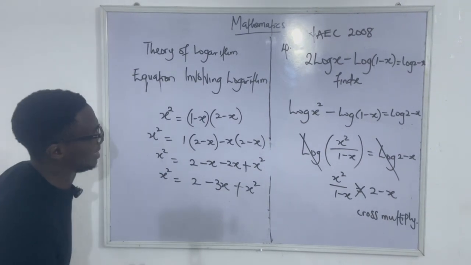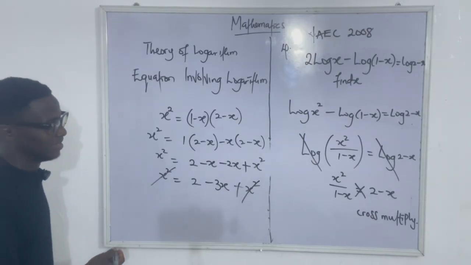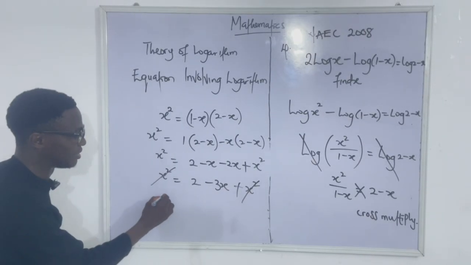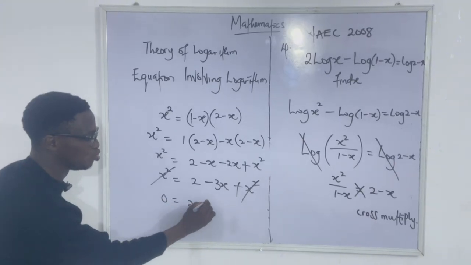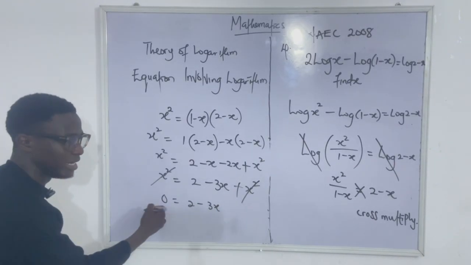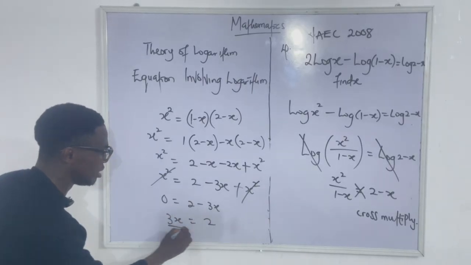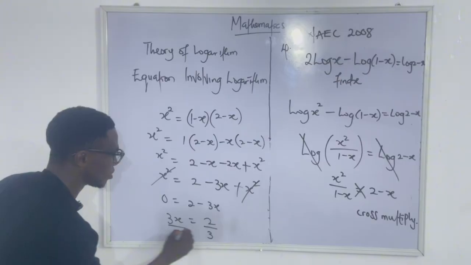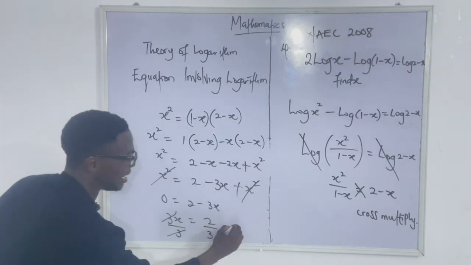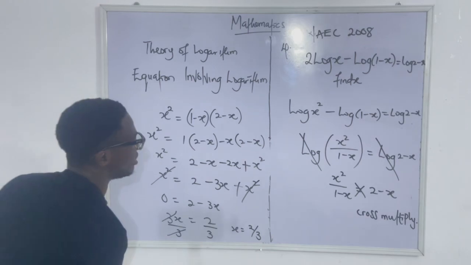So now, this cancels this. Then we have 0 equals to 2 minus 3x. Then collect like terms. Minus 3x crosses the equality sign. That's 3x equals to 2. Divide both sides by 3. So final answer, x equals to 2 over 3.